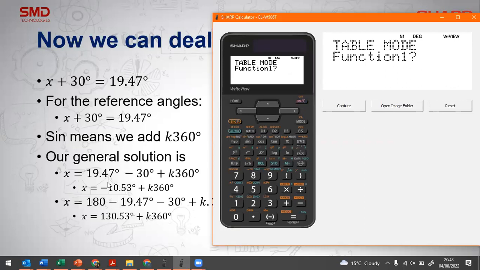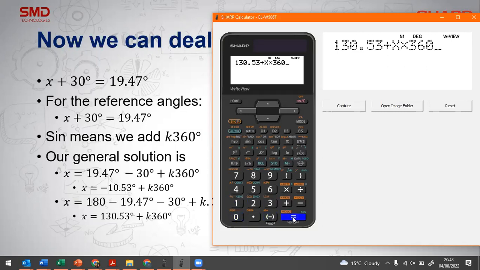We're going to put this first general solution in, which is negative 10.53, plus, obviously we don't have a k, so we're going to use x instead, times 360. And then in function 2, we're going to put this second general solution, which is 130.53, plus, again, we're going to use x instead of k, times 360.